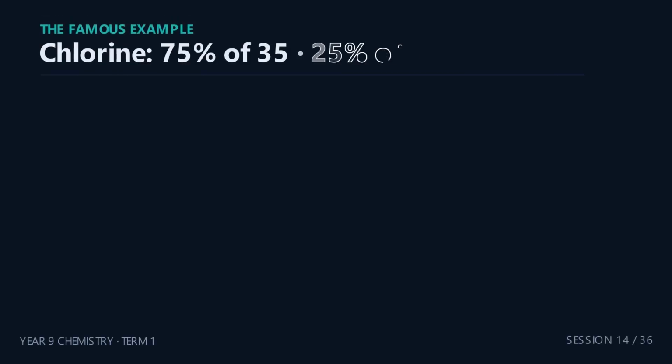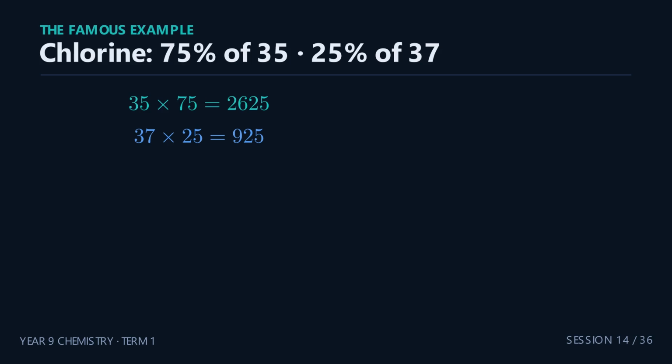The famous example: a sample of chlorine is 75% chlorine-35, and 25% chlorine-37. Multiply. 35 times 75 gives 2,625. 37 times 25 gives 925.